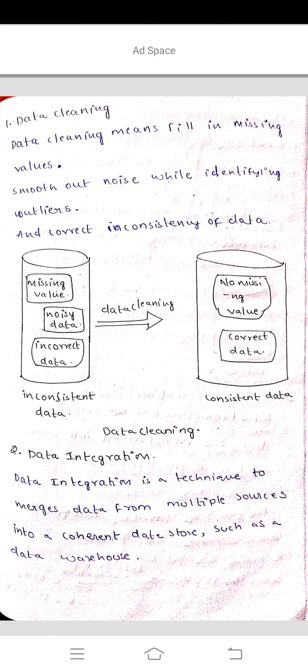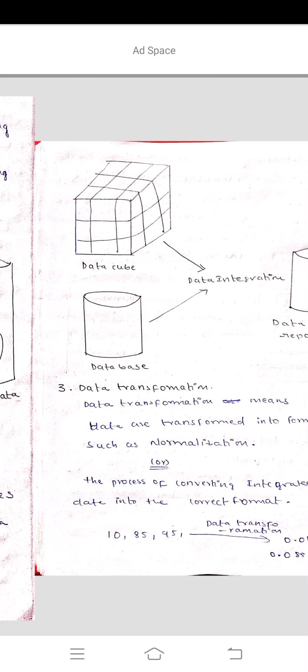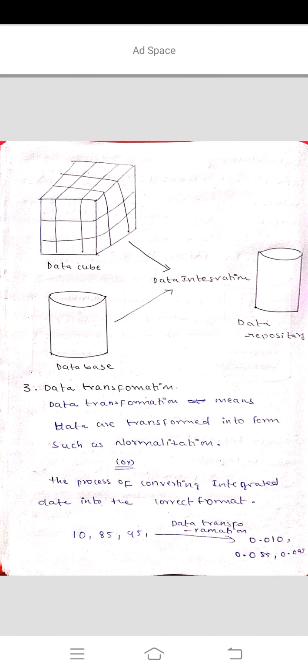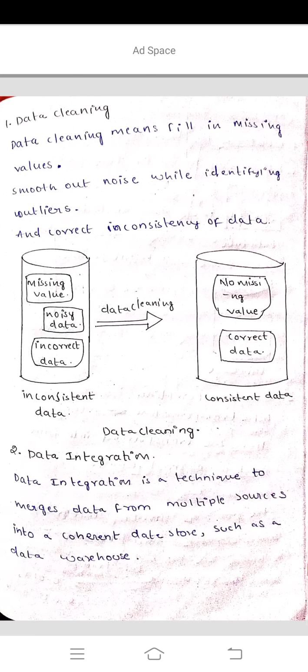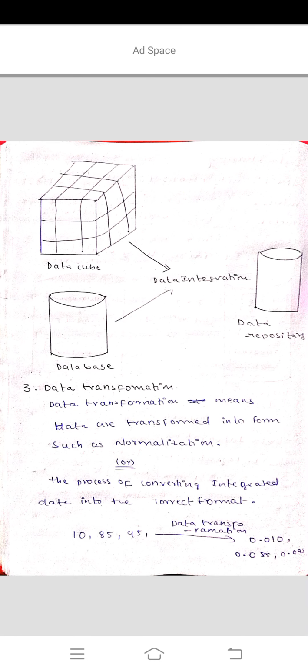Here you can see data integration. Data integration is a technique to merge data from multiple sources into a coherent data store, such as a data warehouse. This is the diagram of data integration. The third one is data transformation.